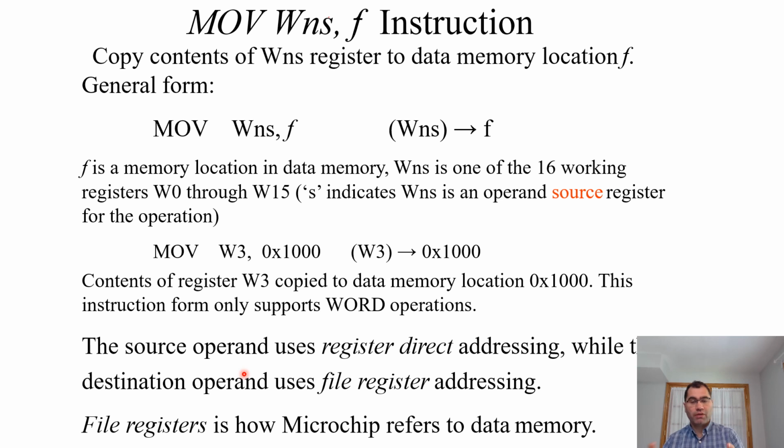We have 16 working registers, from W0 to W15, and it's not much, so it's very lean and small. Then we have data memory, which is much larger, where you can store more stuff.